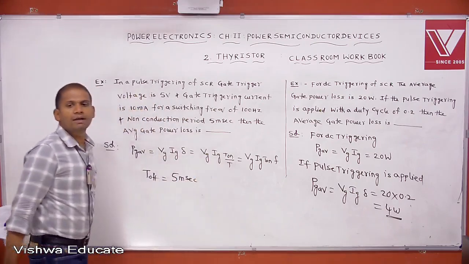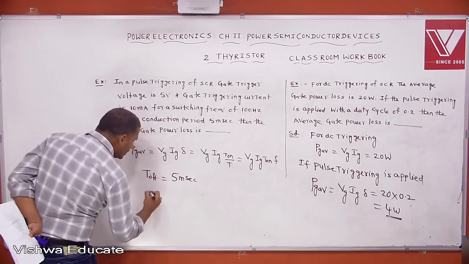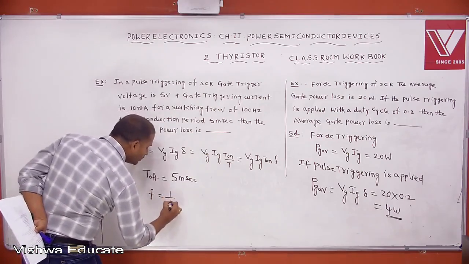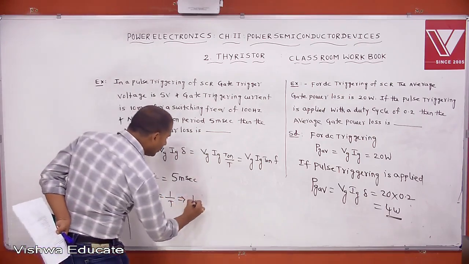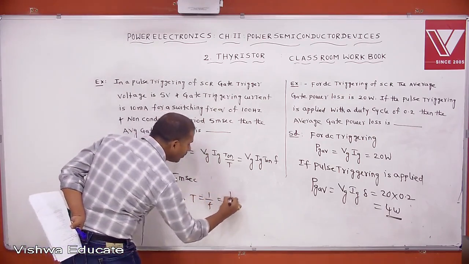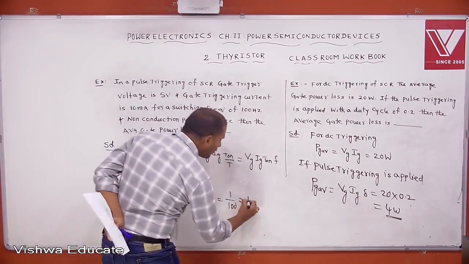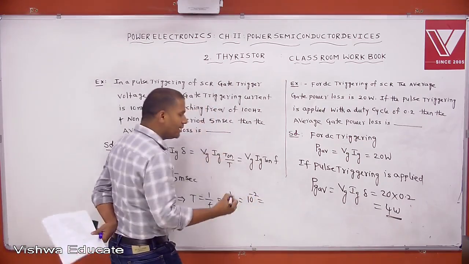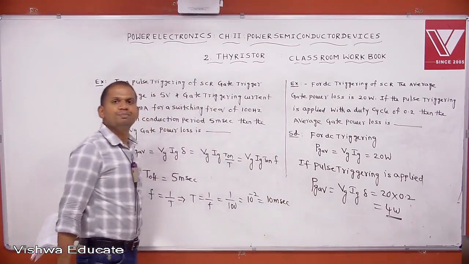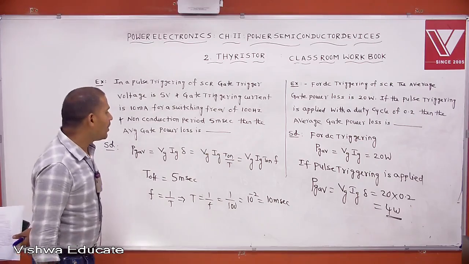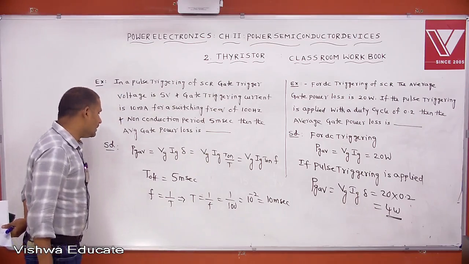Okay, switching frequency, F equal to 1 by T, then T equal to 1 by F. 1 by 100 means 10 power minus 2. You write this as how many milliseconds? 10 milliseconds.